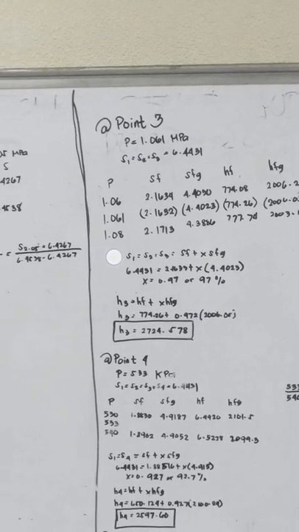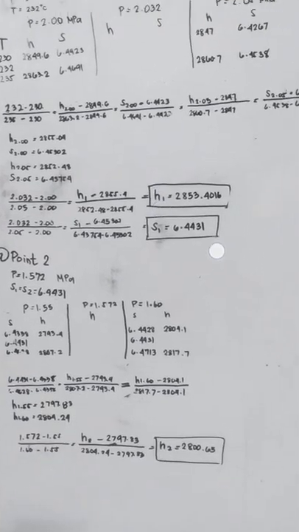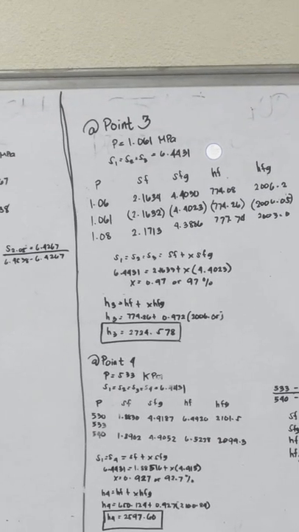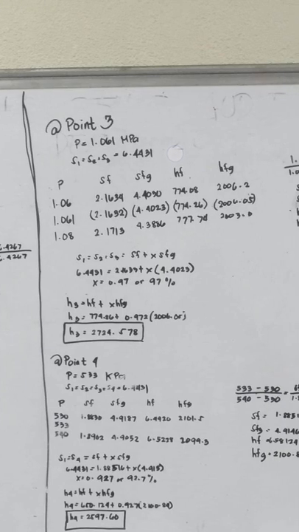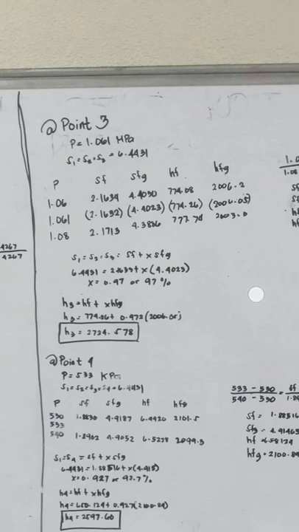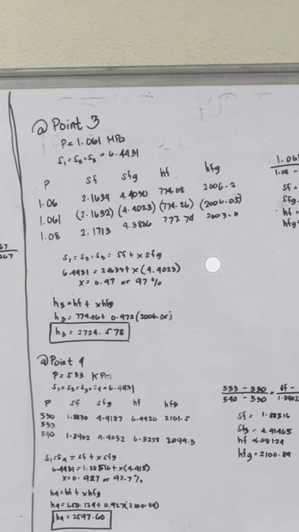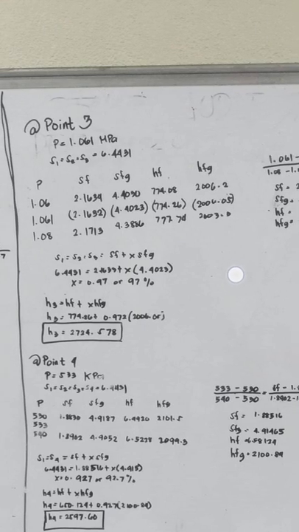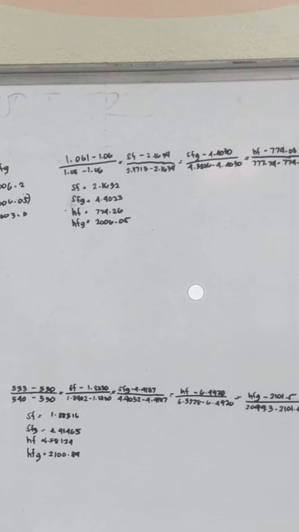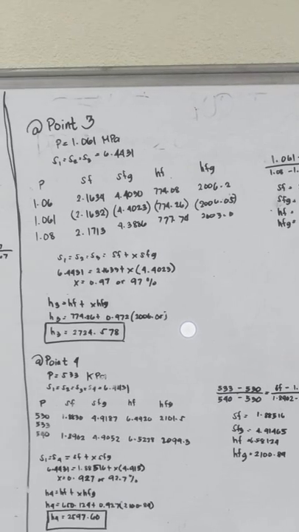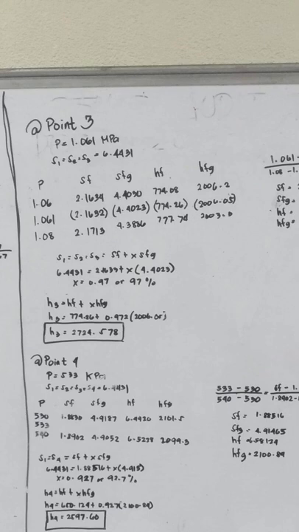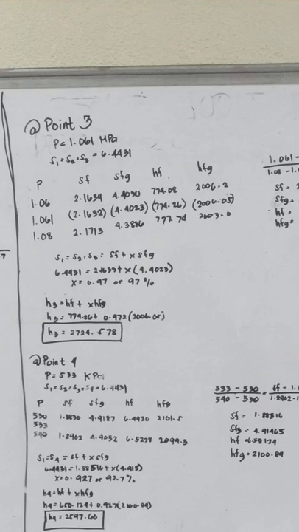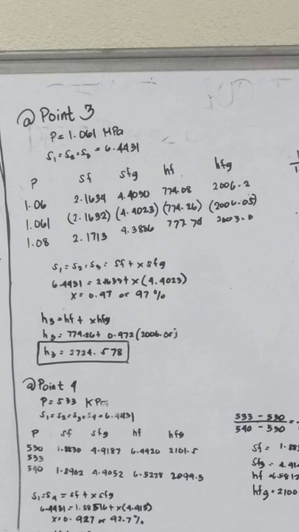The same as at point 1 and point 2, the specific entropy is equal: s1 equals s2 equals s3. In the steam table, we have the known values.